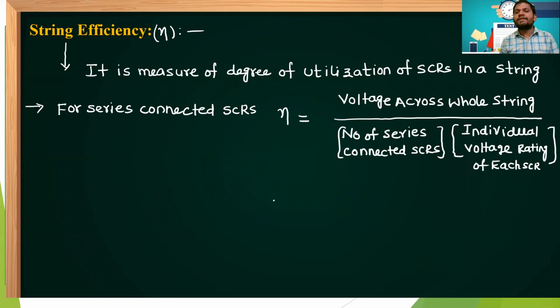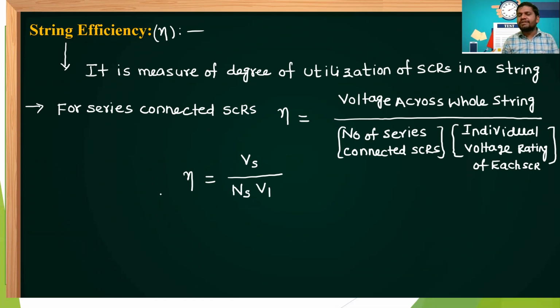This is the formula for string efficiency for series connected SCRs. As a notation, for simplicity, let us assume the voltage across the whole string is Vs, the number of series connected SCRs is Ns, and the individual voltage rating of a single SCR is V1.